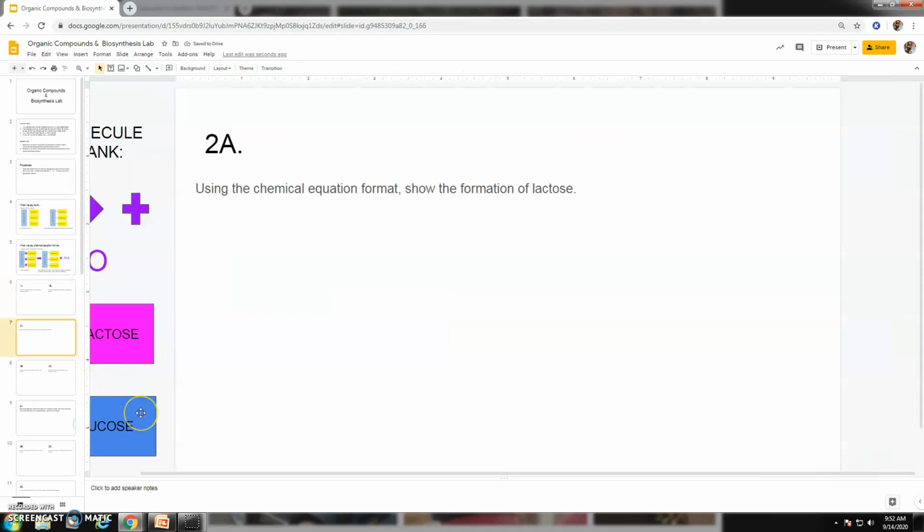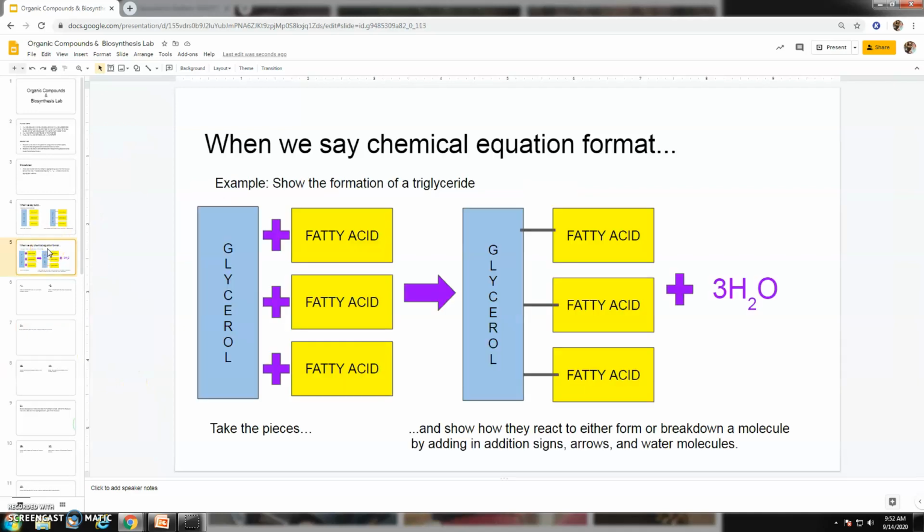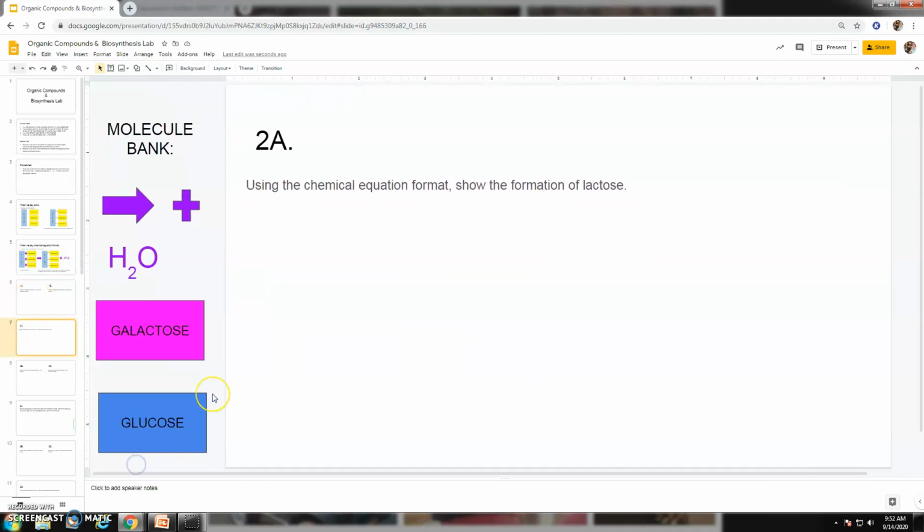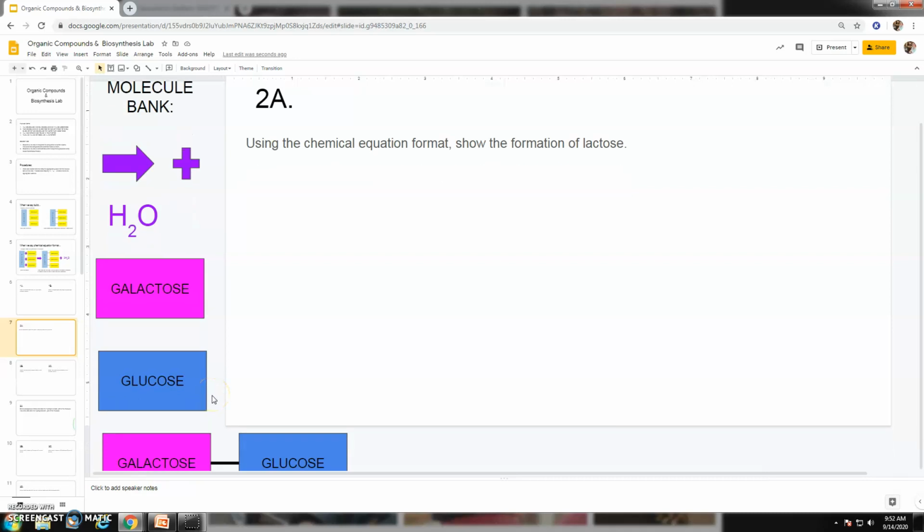Once you've moved those into what you think are the correct spots, you can move on to the next one. Using the chemical equation format, show the formation of lactose. You'll see up here, we showed you an example of what the chemical equation format would look like. And now on the question, you have all the things you need over here to the left. When you see this bottom one, this would be lactose because you see it's bonded together.